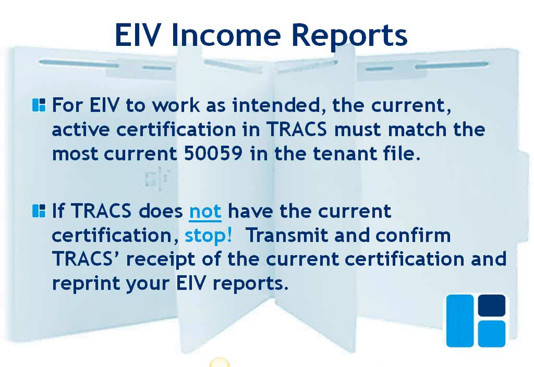So before you ever do anything to try and resolve a discrepancy, the very first preliminary step you absolutely have to take is you need to pull out that tenant file and you need to say, okay, this is the most current 50059 I have executed on this household. Is that the most current cert that's in TRACS? And some of you might not be as accustomed to getting into TRACS as you should be.